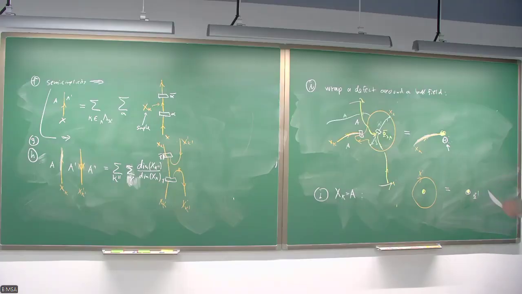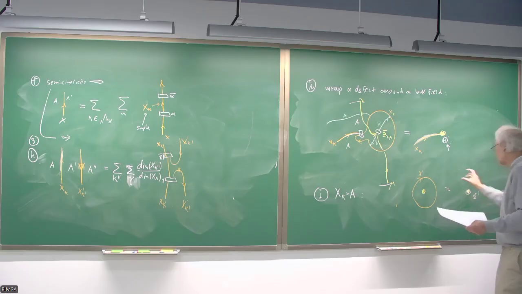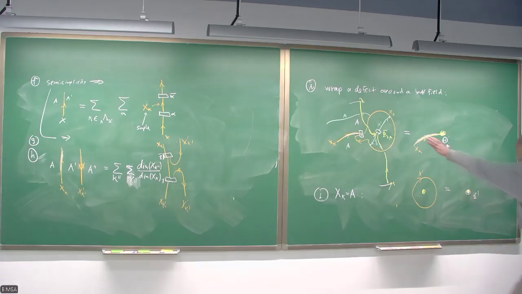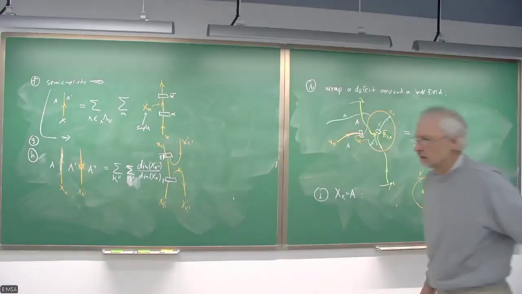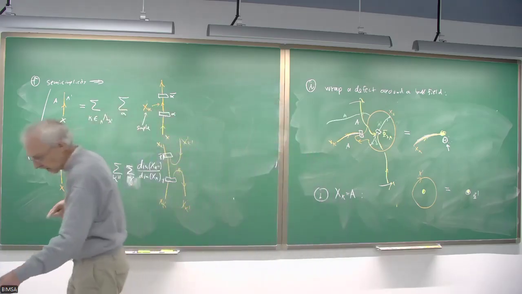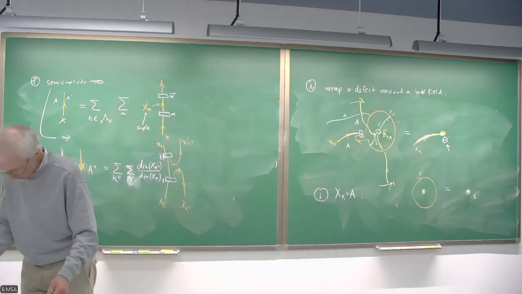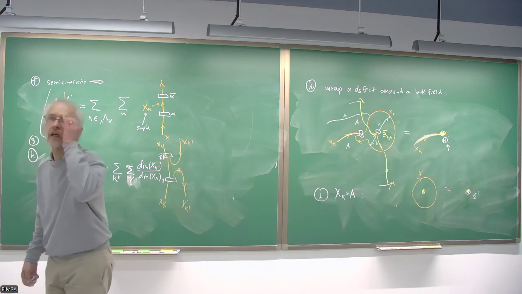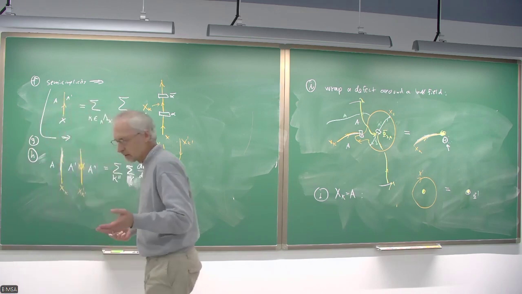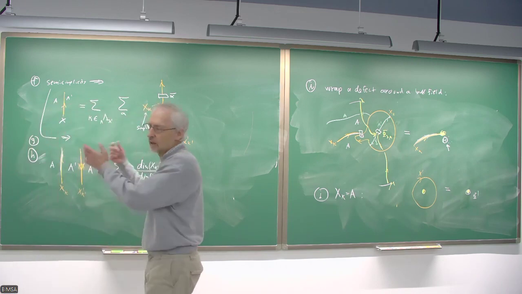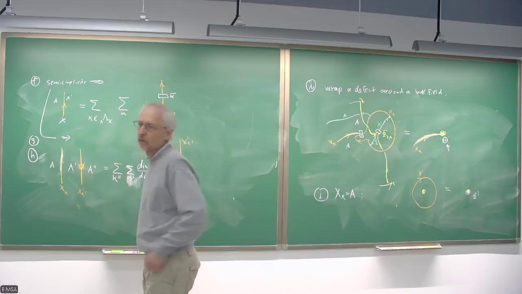So by wrapping a circular defect around the bulk field, and this works once you do it correctly with the ribbon graphs, you get another bulk field. And that means if you do this inside a correlator, you relate correlators for certain bulk fields, or equate them, to correlators for other bulk fields.